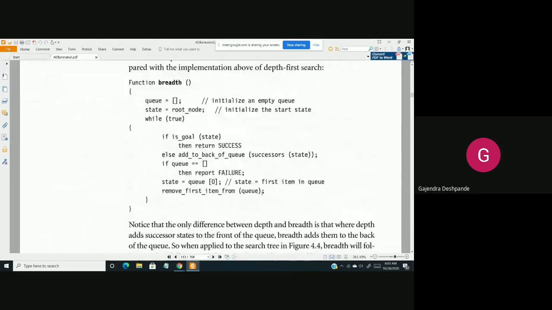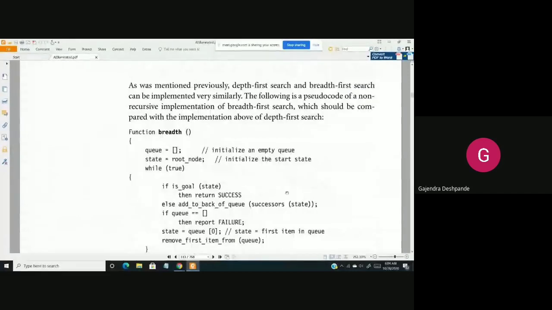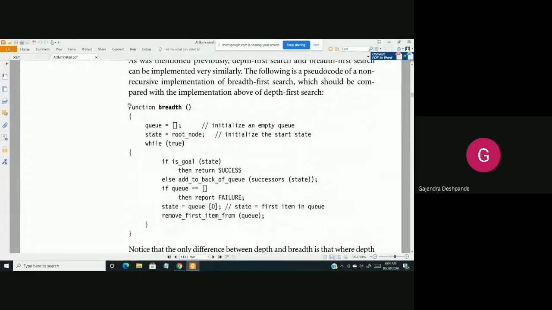Now in breadth first search, everything remains the same. You can see here function breadth, the queue is initialized to an empty queue, then the root node is assigned as the state, then while true, check if it is a goal state.